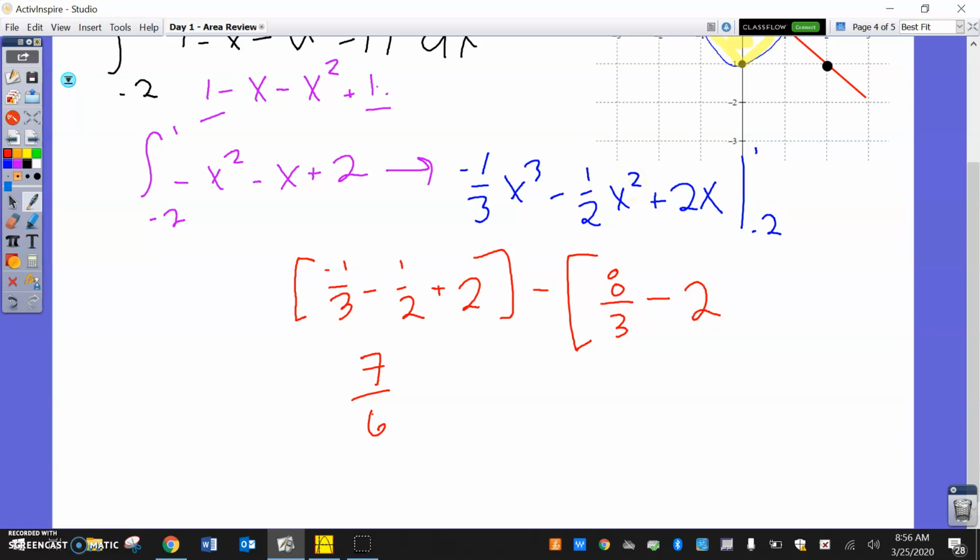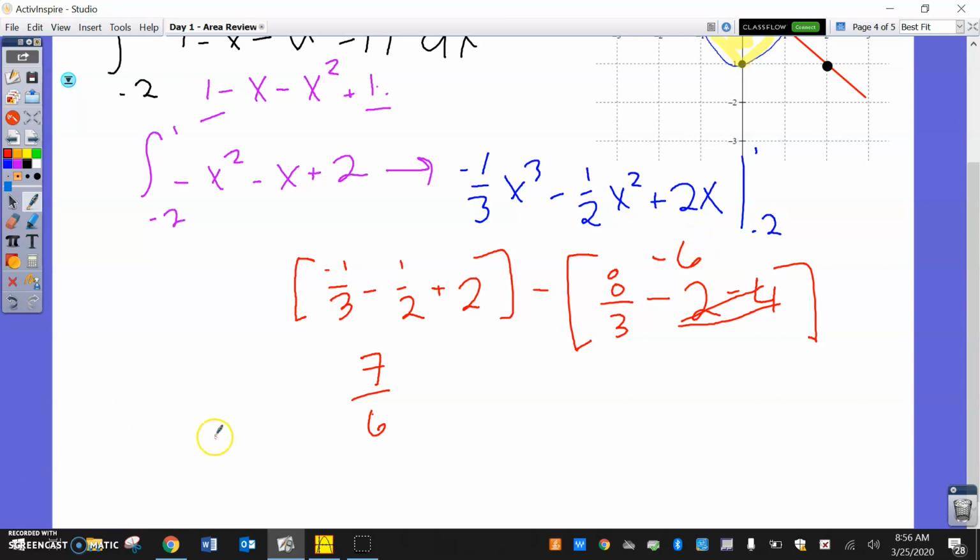So minus 2, and then 2 times negative 2 is going to be minus 4. So I'm going to go ahead and combine these right here. So this is going to work out to be minus 6. So 8/3 minus 6 is going to be 8/3 minus 18/3, so a negative 10/3.